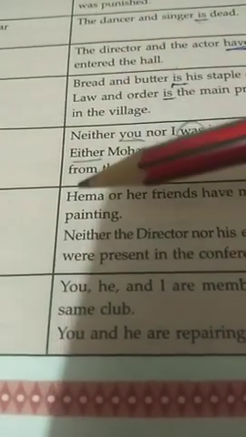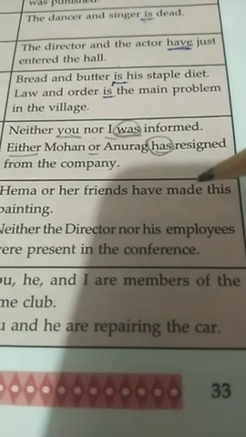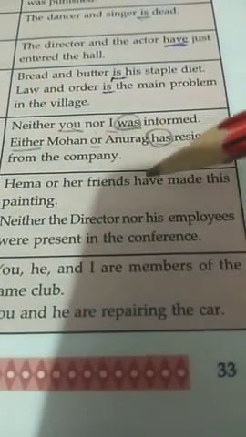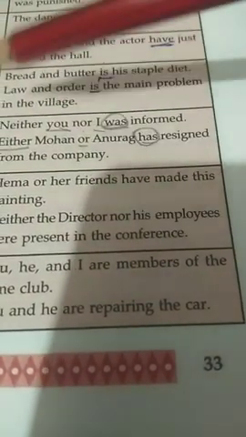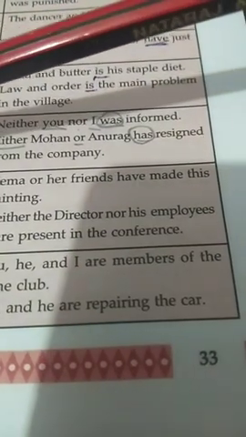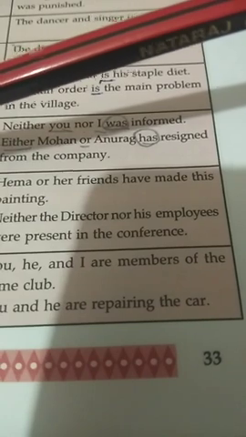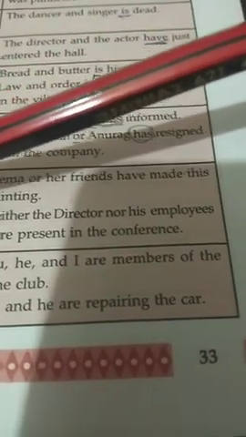See here, Hema or her friends have made this painting. So here what do we know? Two or more different subjects, isn't it? They are connected by or, nor, either or, neither nor. The plural subject comes nearest to the verb.